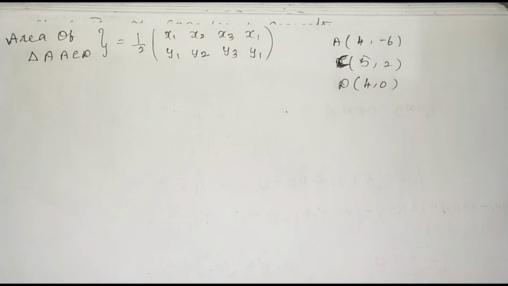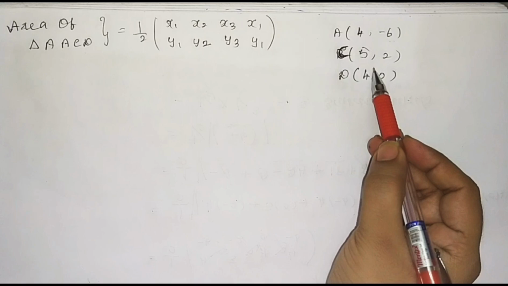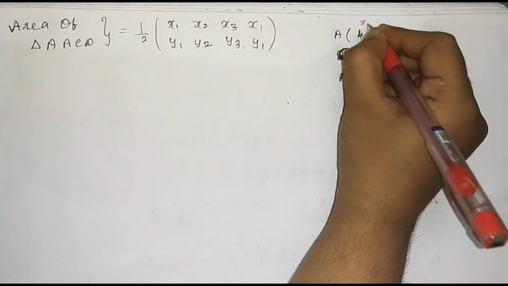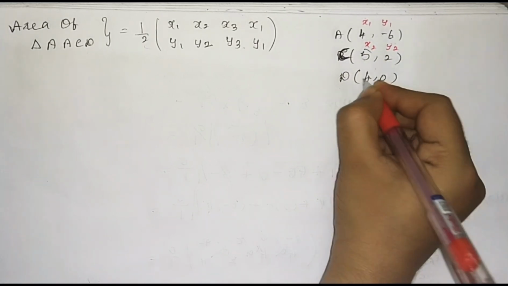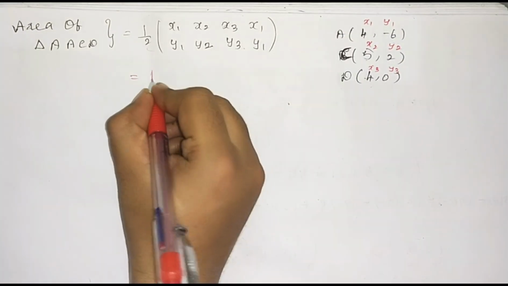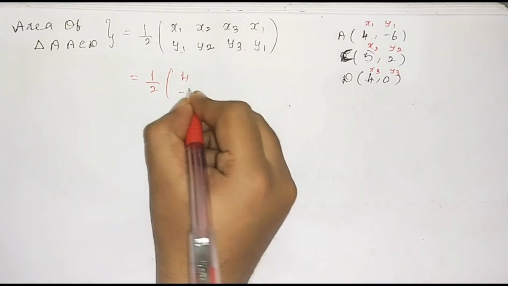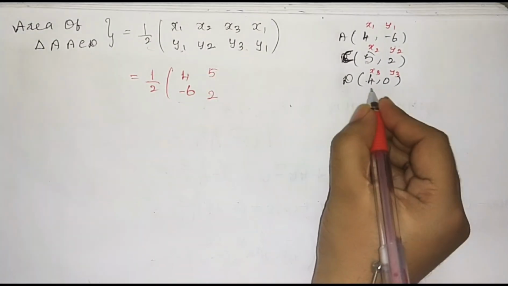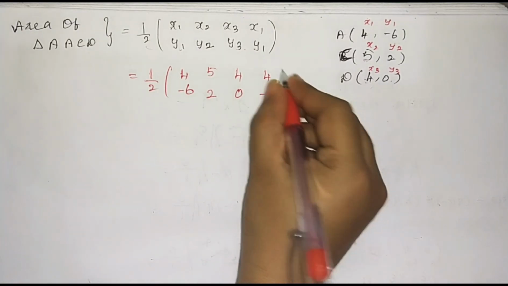Next we can find the area of triangle ACD. So the A coordinate point, C and D I have written, and the formula also I have written. A coordinate point I consider x1, y1, C coordinate point x2, y2, and D coordinate point x3, y3. Now I am substituting here. So 1 divided by 2, instead of x1, y1 we write 4, -6, x2, y2 we write 5, 2, x3, y3 we write 4, 0, again 4, -6.